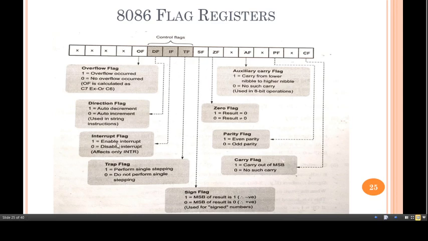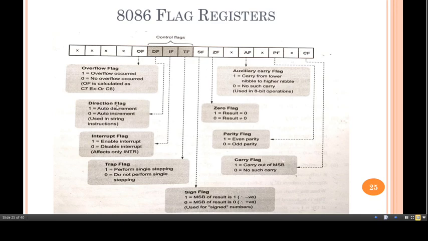Next is the interrupt flag, IF. If this flag is set to 1, the maskable interrupts are recognized by the CPU, otherwise they are ignored. Means if it is 1, interrupts are enabled, and if it is 0, interrupts are disabled.